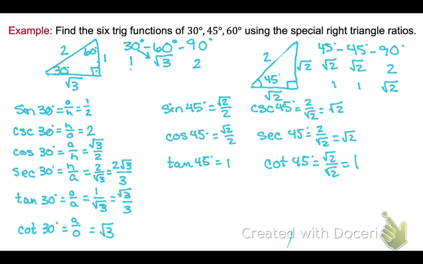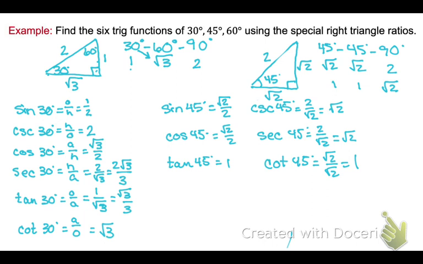Is there a need to do 60? Okay, we discussed what is going to happen with 60. 60 is the complement of 30. On 60, the sine of 30 is going to be the cosine of 60, and the cosine of 30 is going to be the sine of 60. They are co-functions.